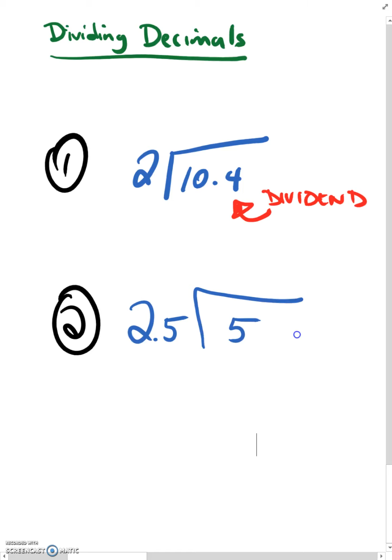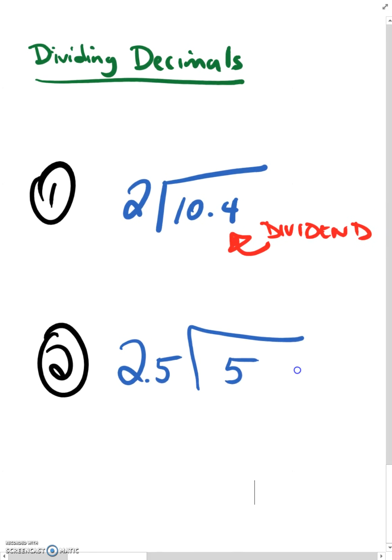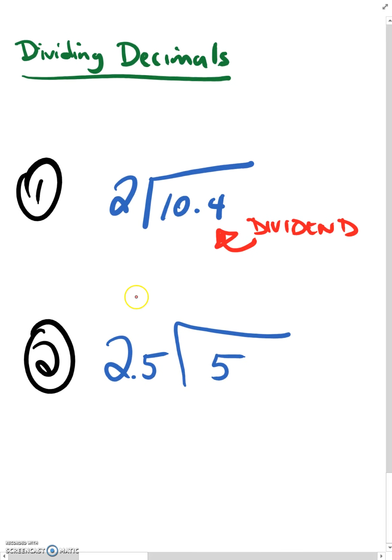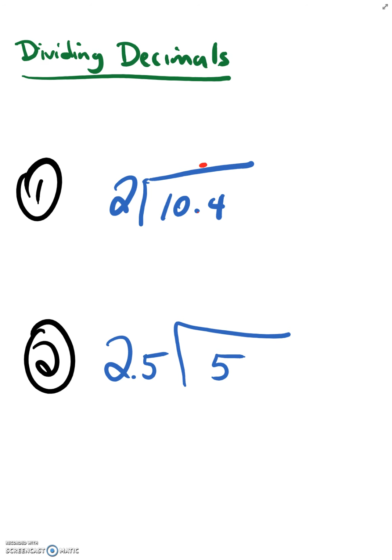So when you divide and the decimal is actually inside of the box, then all you do is you just transfer this decimal up top here, and then you divide as if they were normal numbers. So then you would say, how many 2's go into 10?